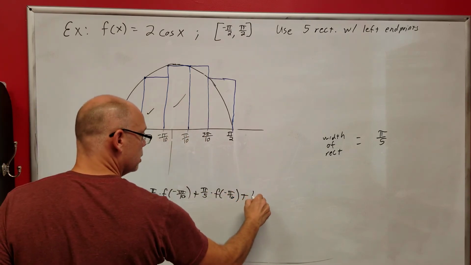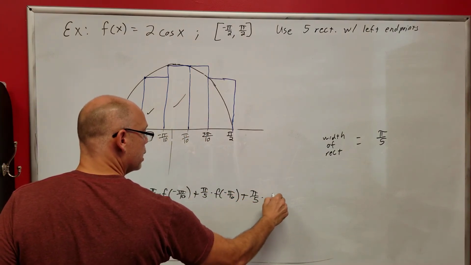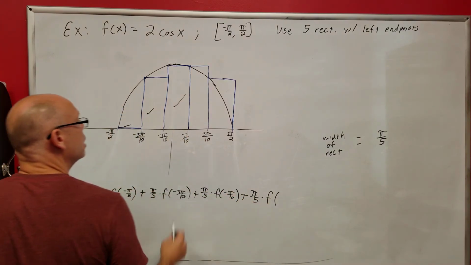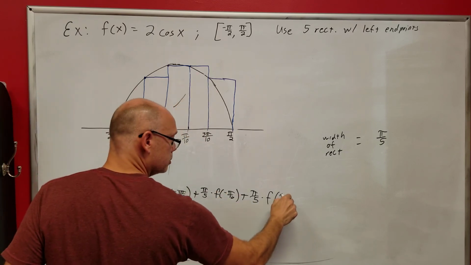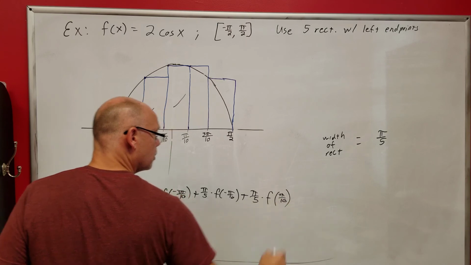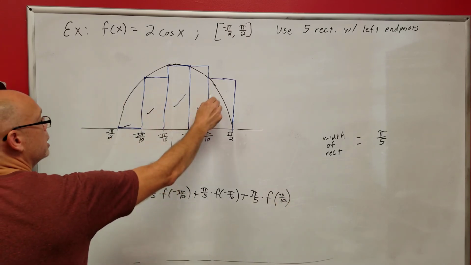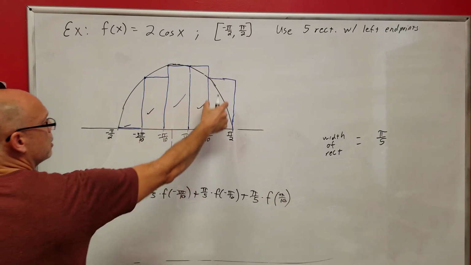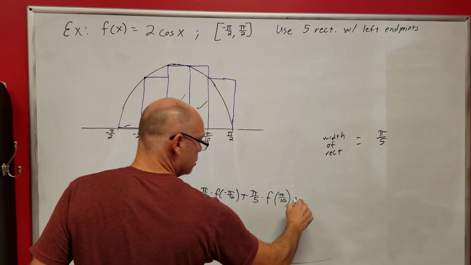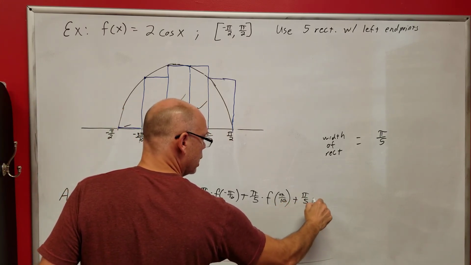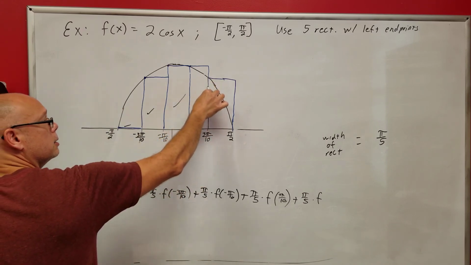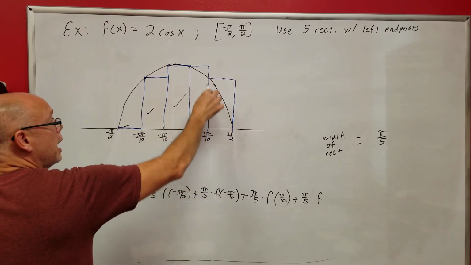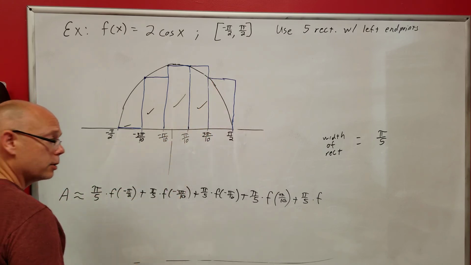Width of pi over 5 times the height of f evaluated at positive pi over 10. Takes care of that rectangle. How about my last rectangle right here? The width is pi over 5 times the height. The height is this part, from here to here, which is f, my curve, evaluated at 3 pi over 10.